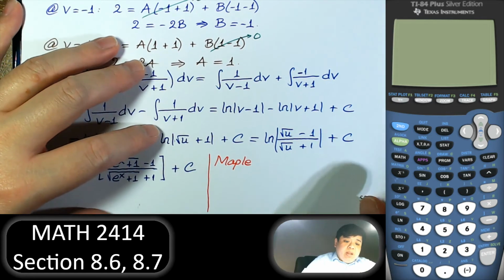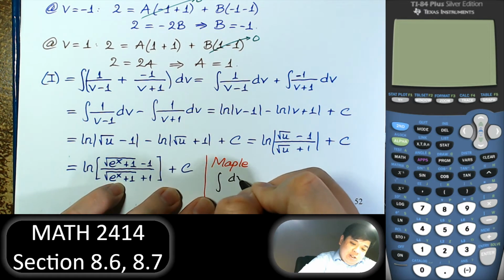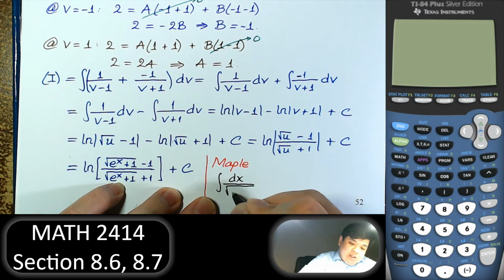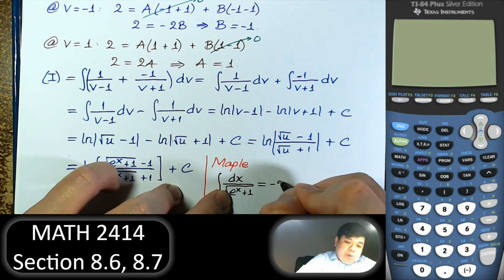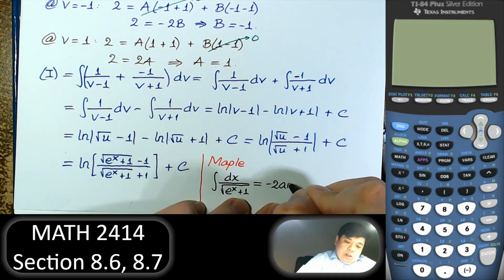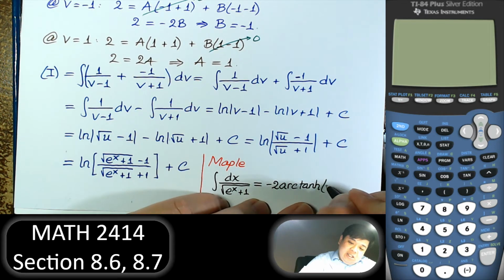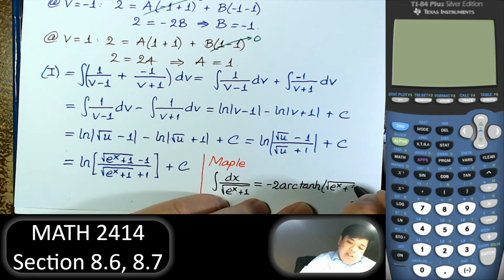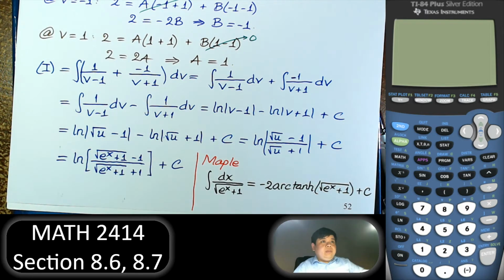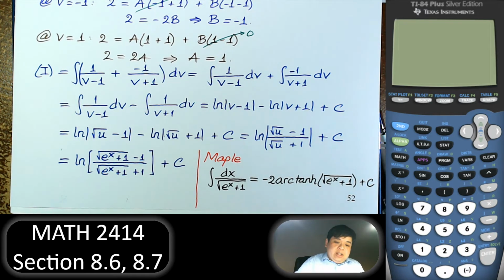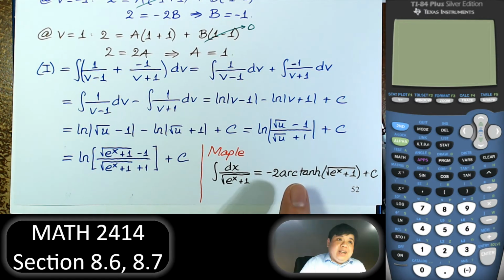So actually it can integrate, and when I put in the integral, it gives me negative 2 hyperbolic tangent inverse.